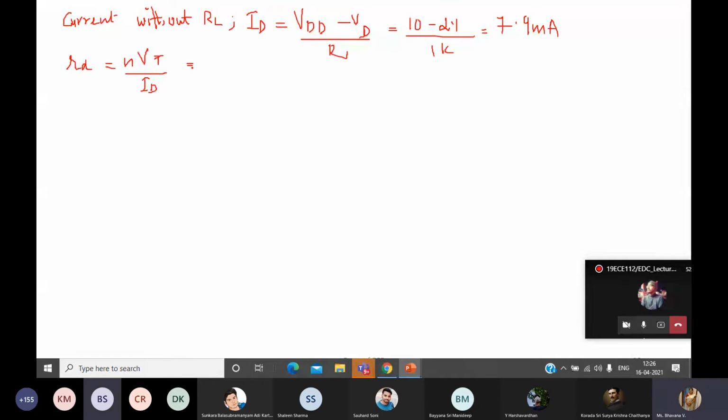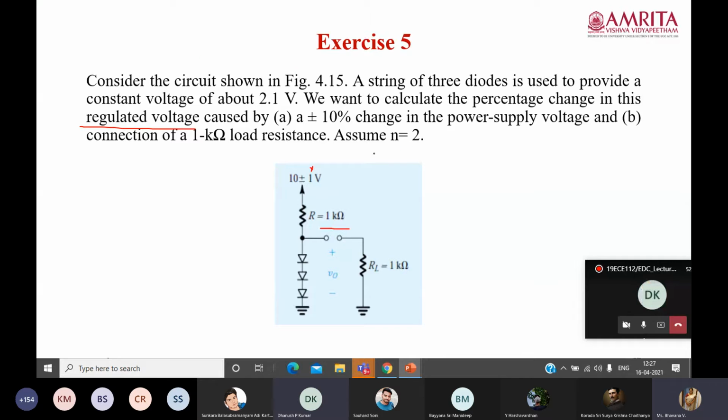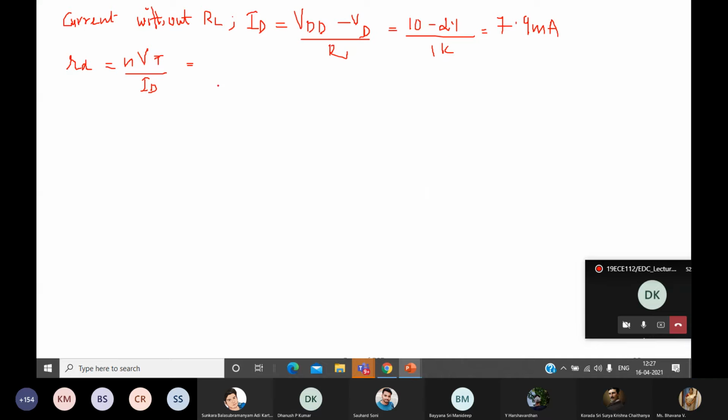Read the question and give me the answer. 6.33. Assume n equal to 2. So the answer is 6.3 ohm. If you take n equal to 1, the entire numerical answers will go wrong, right? So please be careful while solving the numericals. So RD is equal to 6.3 ohms.